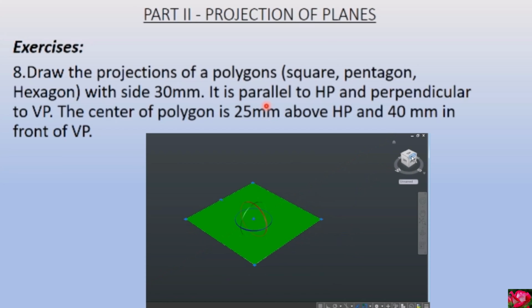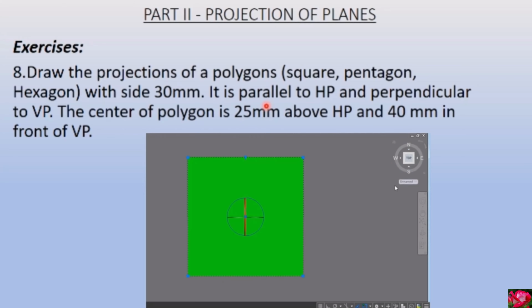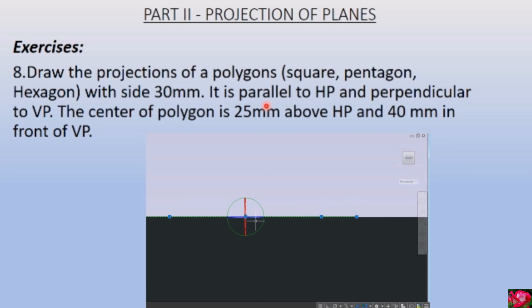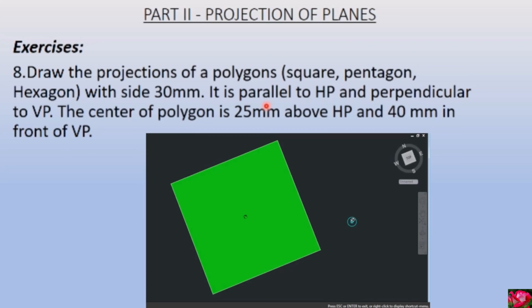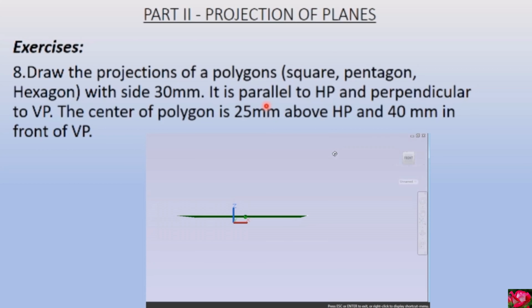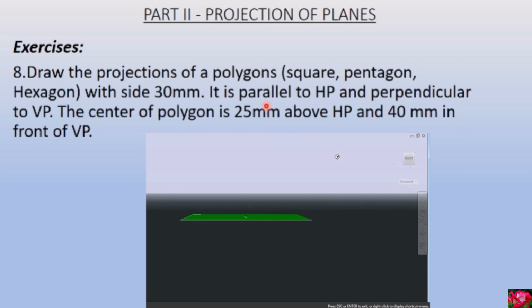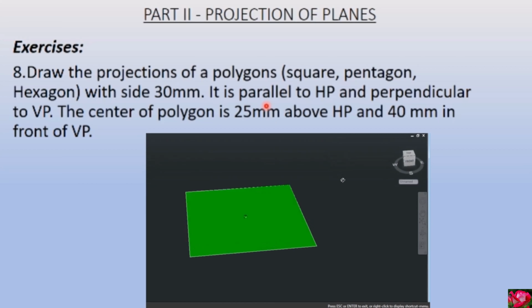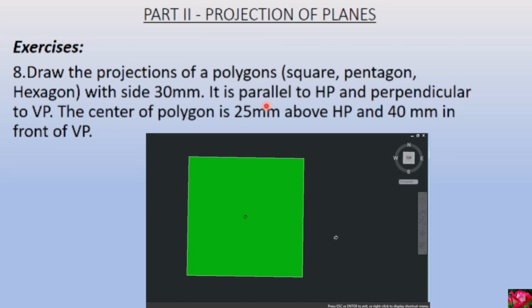In the simplest of cases, from the top view the square will look like a square, and from the front view it will be just a line. I'll show you by rotating this plane. See that as the rotation angle increases, the square is being contracted. Now it is a complete square.